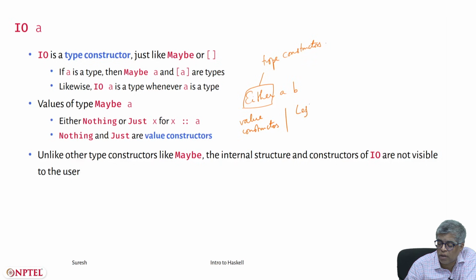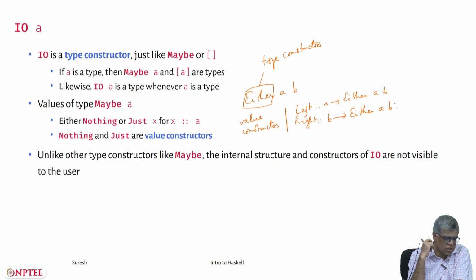are Left of type A arrow Either A B, or Right of type B arrow Either A B. Okay, so you have value constructors like this.